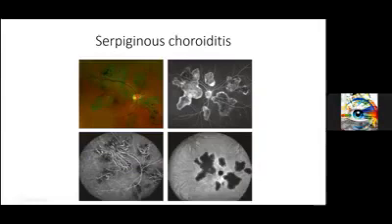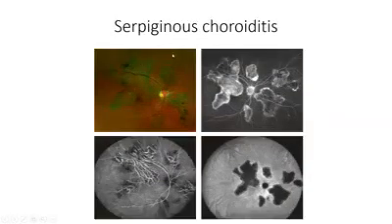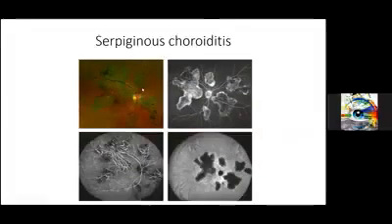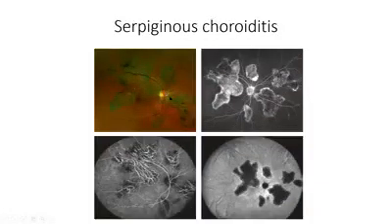And again, in the case of serpiginous choroiditis, this is a patient with serpiginous, and this is the fluorescein. We can see the serpiginous lesions usually take the form of hyperfluorescence. But when we look at the ICG, we can see that these lesions actually are atrophic lesions, and we can see at the same time unmasking of the choroidal vessels.